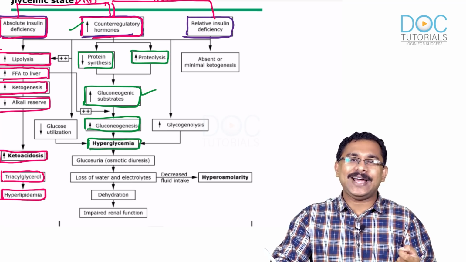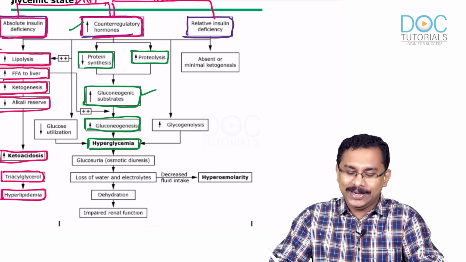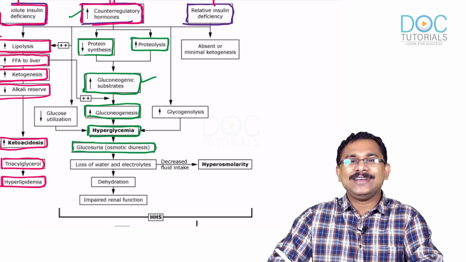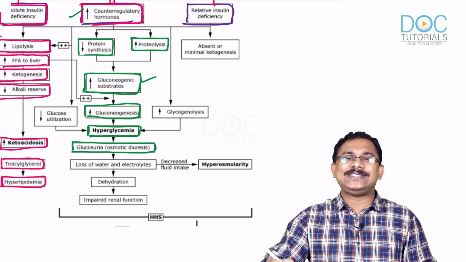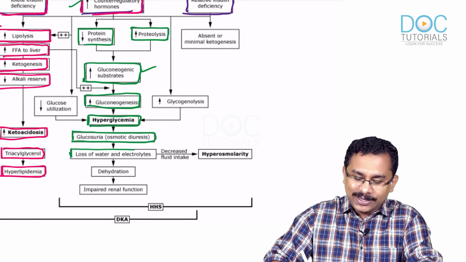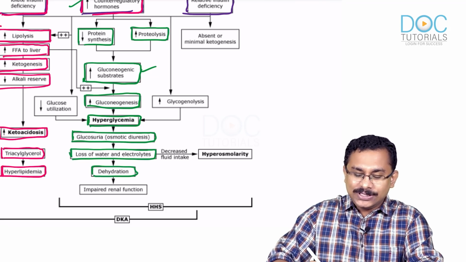So we started off with hyperglycemia, and the counter-regulatory hormones are again contributing to hyperglycemia. When there is hyperglycemia, there will be osmotic diuresis. The glucose will be excreted in urine, so there will be loss of water as well as electrolytes, leading to dehydration. Now this is very, very important.